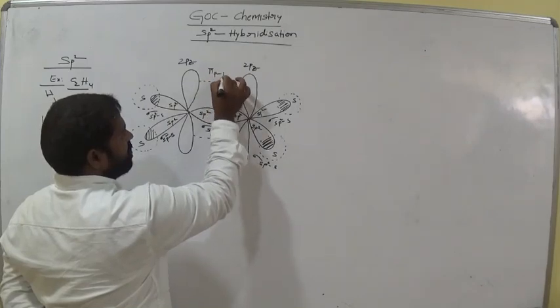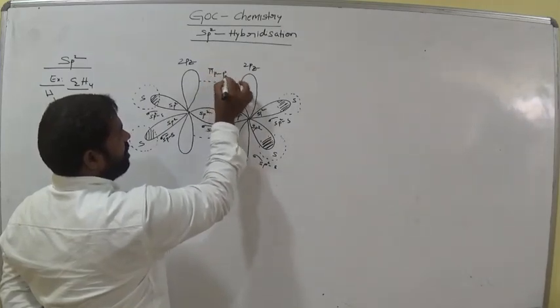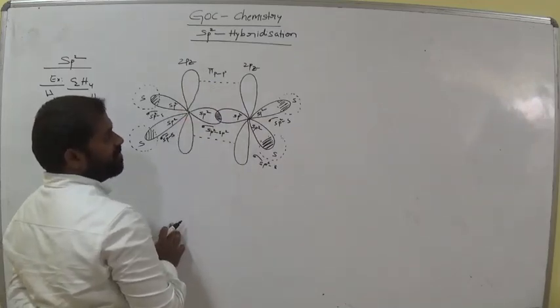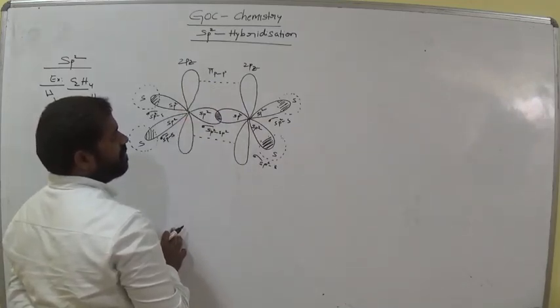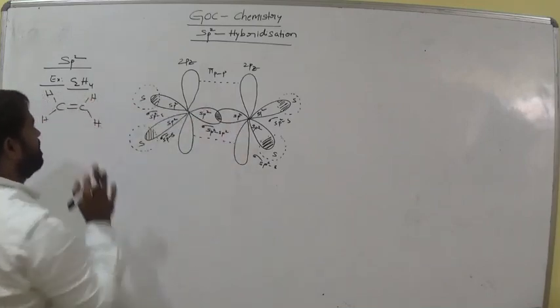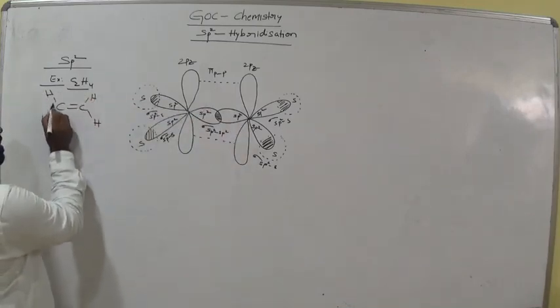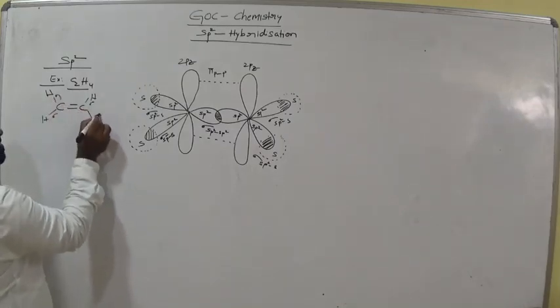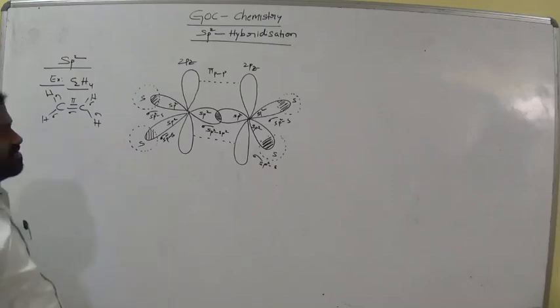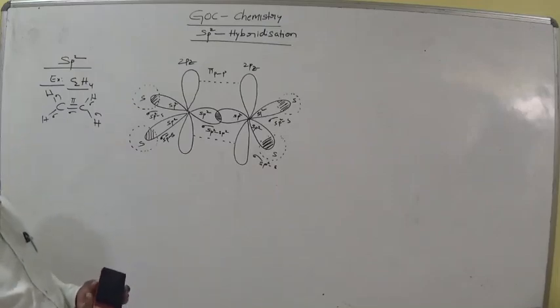P, here it is also P, pi p-p overlapping, okay. Is it clear, all of you? So the pi bond is possible. In this structure there are sigma, sigma, sigma, sigma, and one pi bond. The expression is like this. Is it clear, all of you?